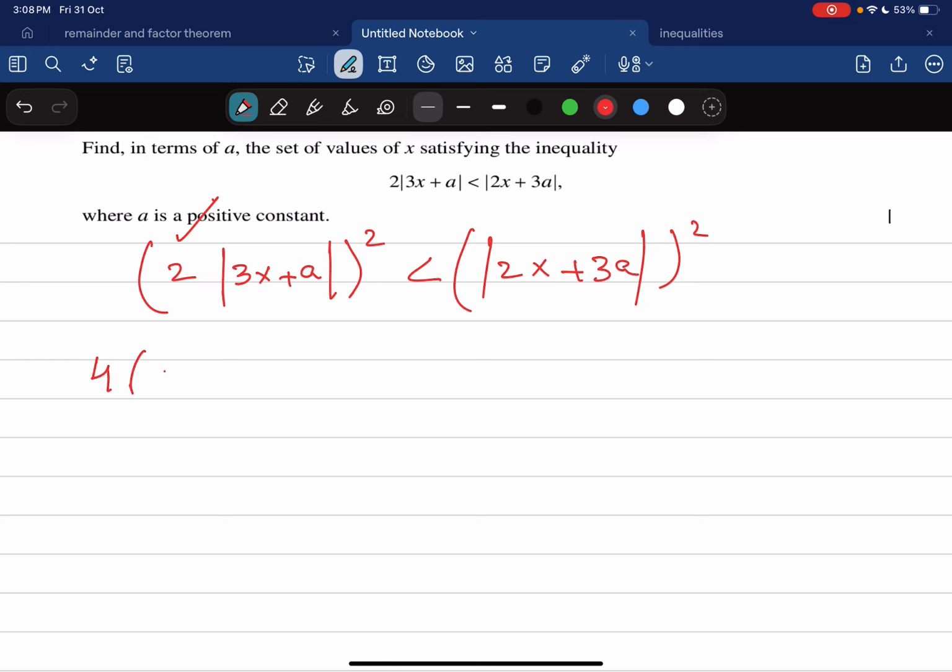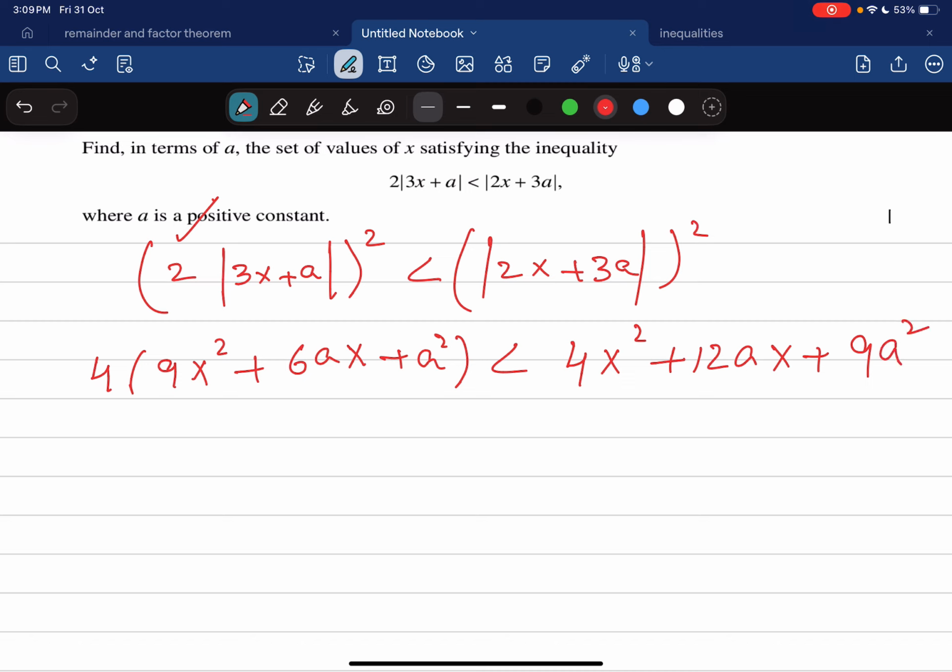4 times 9x squared plus 6ax plus a squared, and 4x squared plus 12ax plus 9a squared. I solved this equation by squaring it.